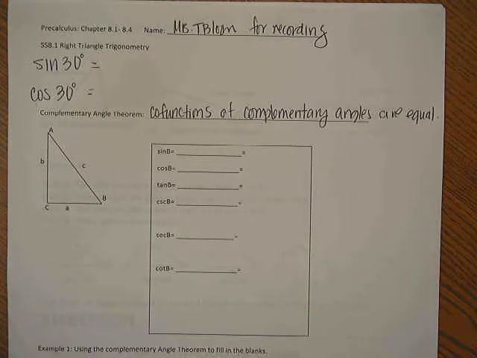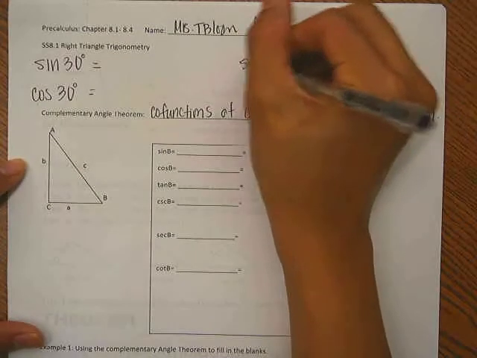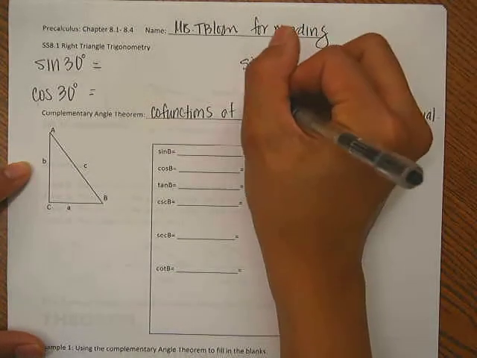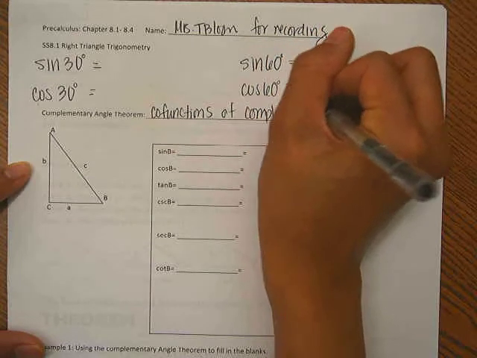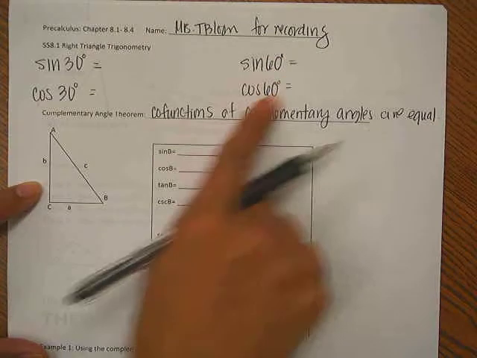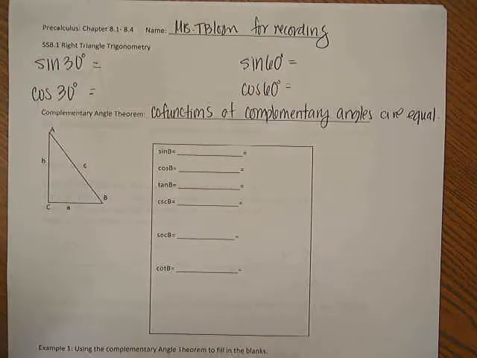Over here, I'm going to write sine of 60 degrees and cosine of 60 degrees. By now you should know these angles really, really well. If you don't, you are struggling with trigonometry.